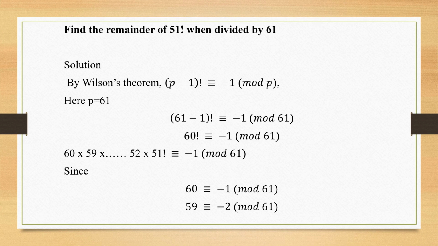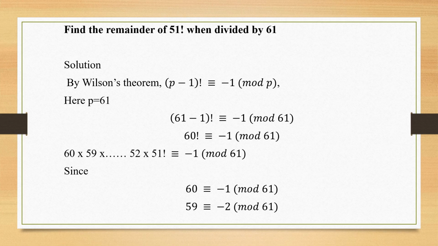So 60 cross 59 cross 58, 57, 56 and so on till 51 factorial, which is congruent to minus 1 mod 61. I'm going to keep this 51 factorial as such, and find the congruence for 60, 59, 58, 57, 56, 55, 54, 53, 52. This is how I'm going to proceed.